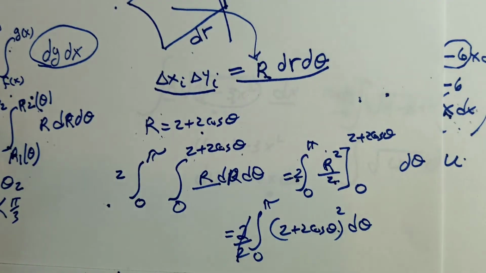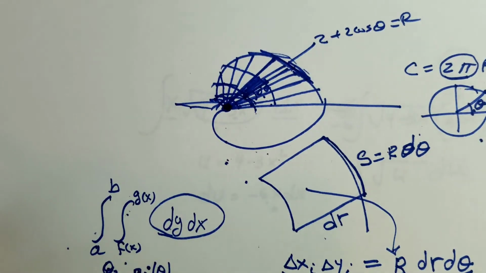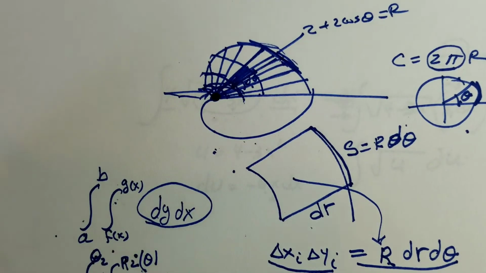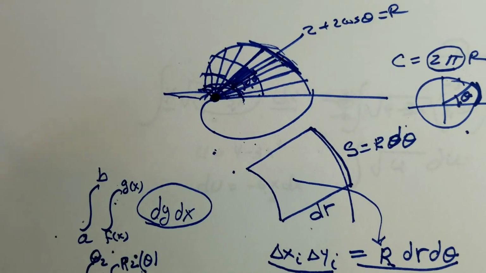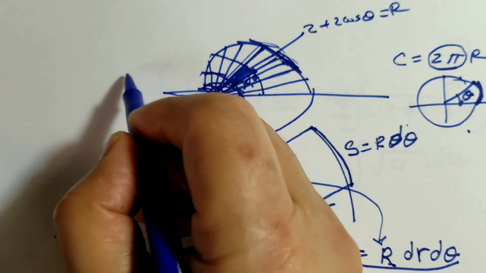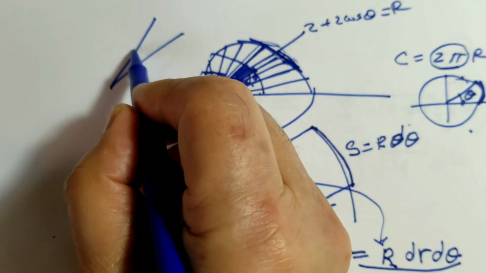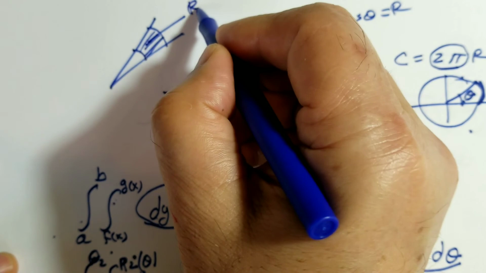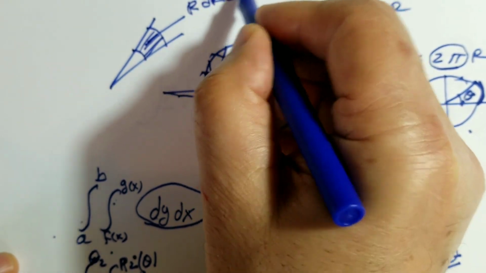Therefore, today, if you have a region, and your region is a circular region, instead of dividing it into rectangles, divide it into sectors and take one piece from a sector and call that area r dr d theta.